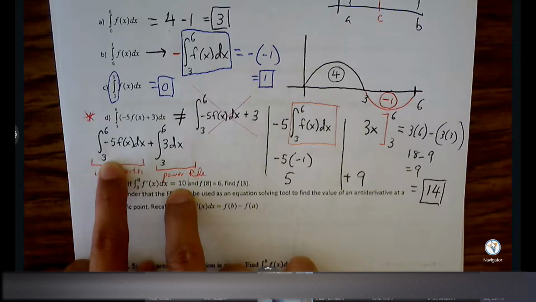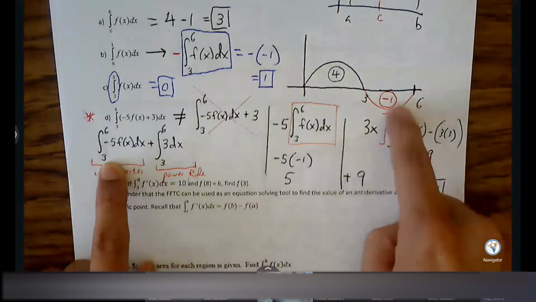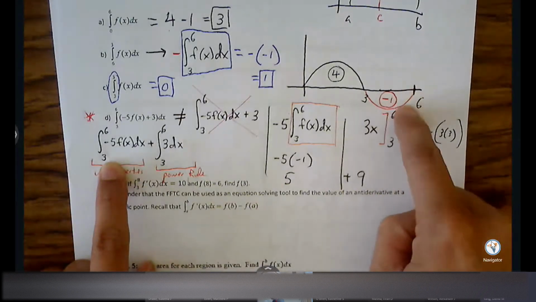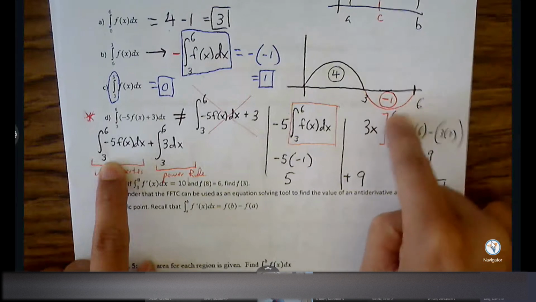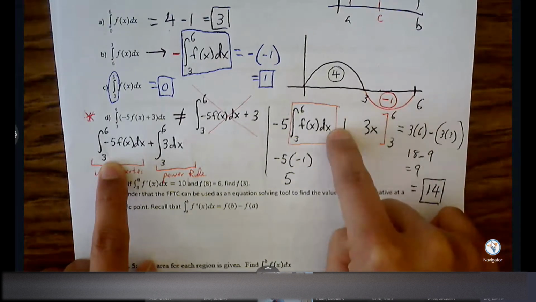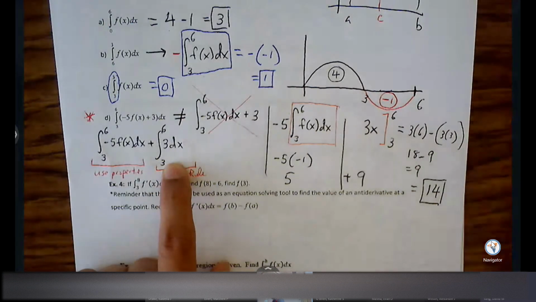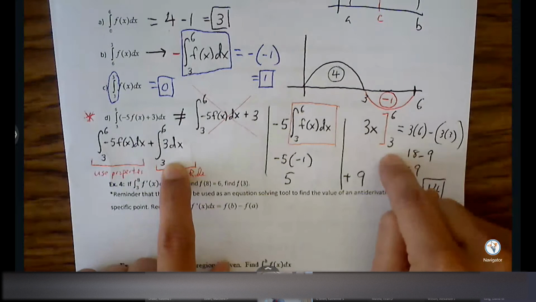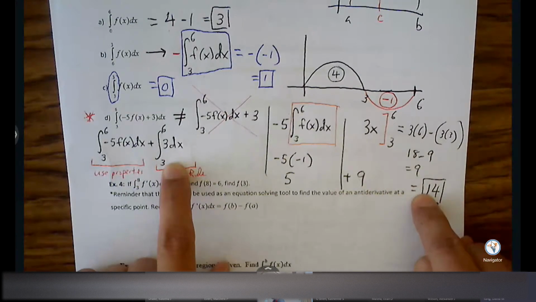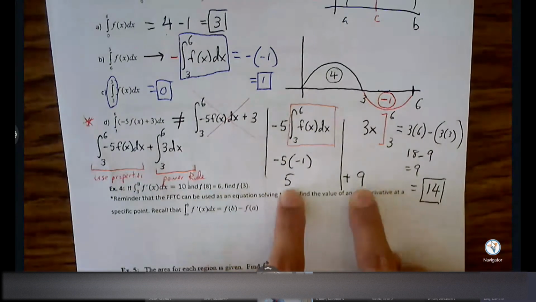The integral of f of x, we can rely on the property, the information that was given to us about the function, and just realize that we're making a substitution with a -1. But the integral of 3 dx is a standalone problem. We have to go through power rule, plug in upper and lower bound, get that answer to be a 9, and then we total those two values together. 5 plus 9 equals 14.